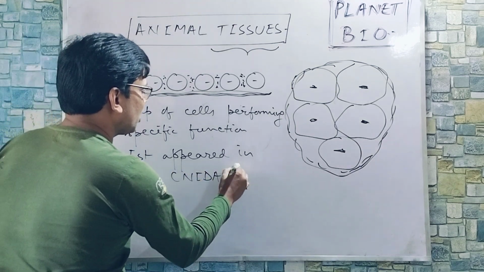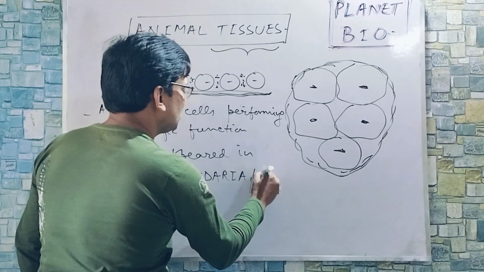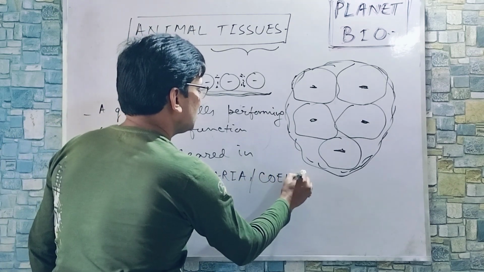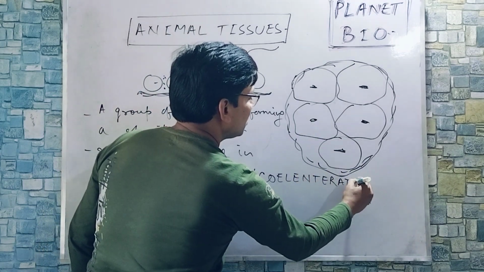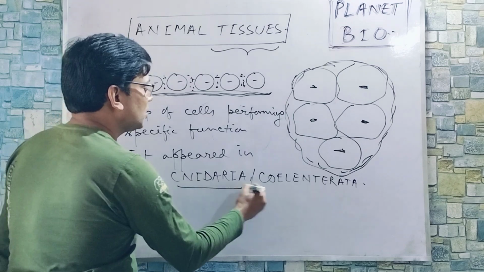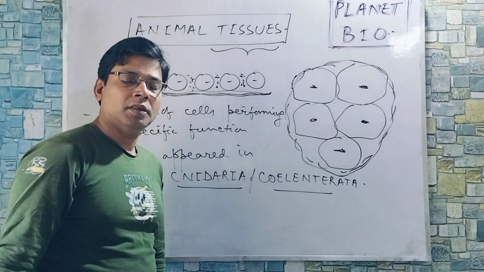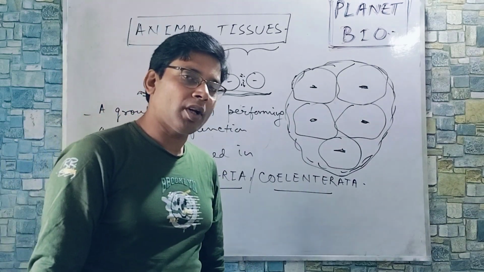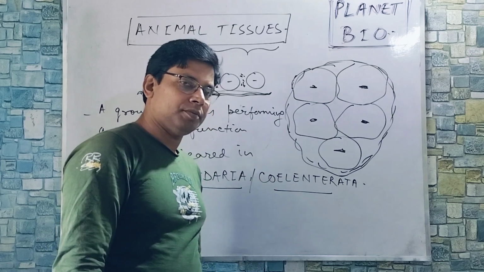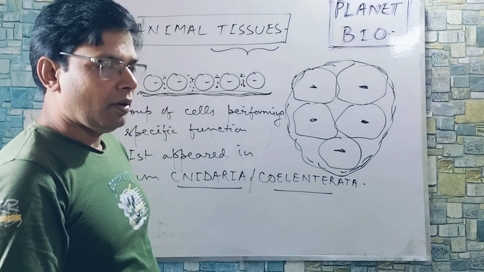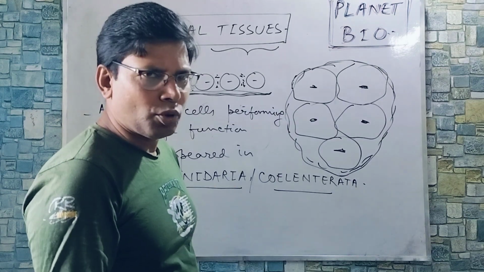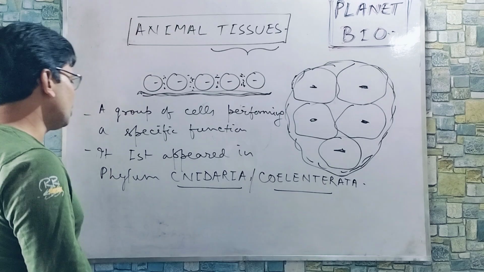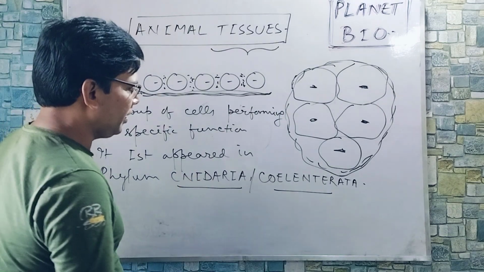For example, Hydra, Obelia, Physalia. Before Coelenterata or Cnidaria, cell grade organization was seen in phylum Porifera. And in protozoans you can see protoplasmic grade of organization. So tissues first appeared in Cnidaria.